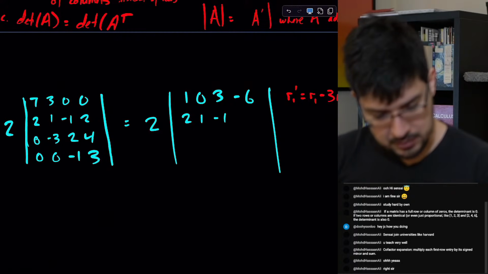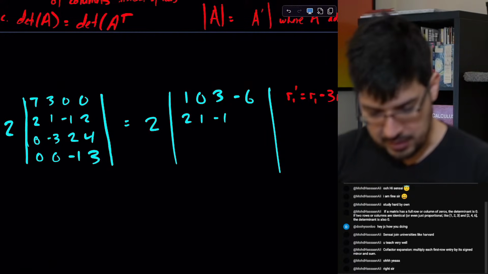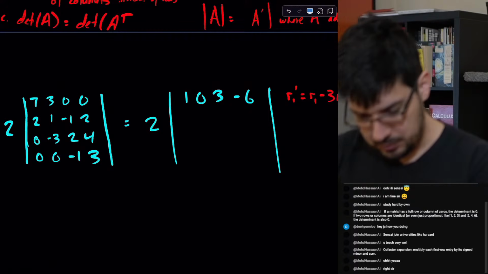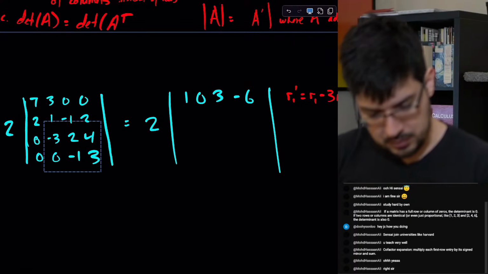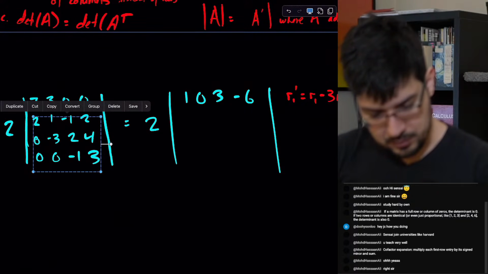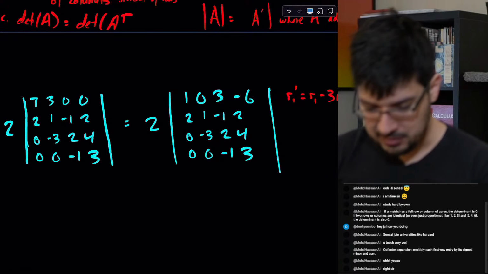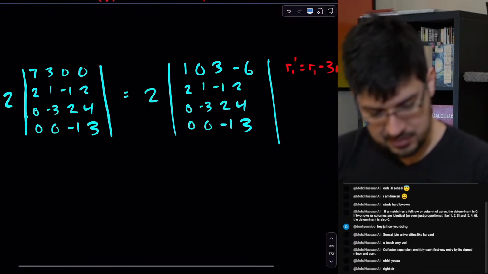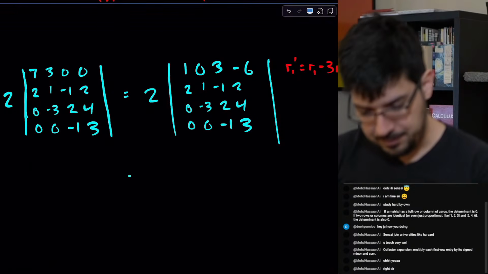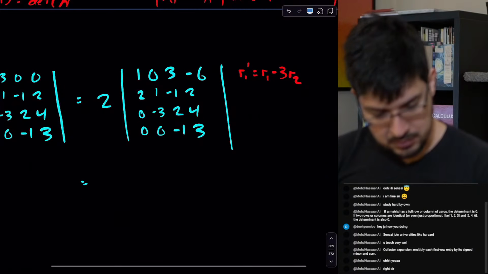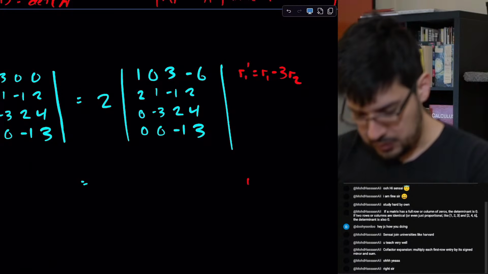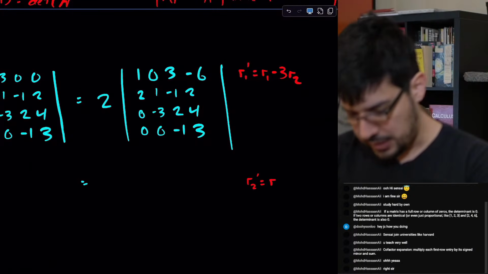Here, let's be more clever than that. Ha, my handwriting's getting out of sync, but whatever. Now, in row 2 prime, let's subtract 2 times row 1.